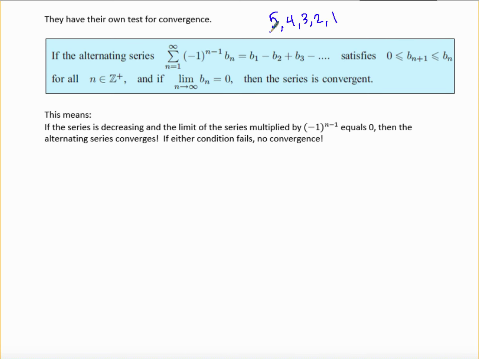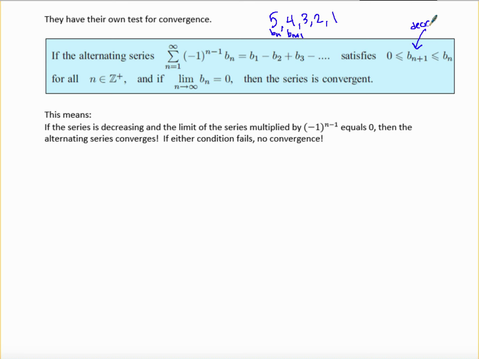We could call one b sub n, and the next number b sub n plus 1. Because this is a decreasing sequence, the next number is smaller than the one before. That's all this is saying; this defines a series of numbers as decreasing.